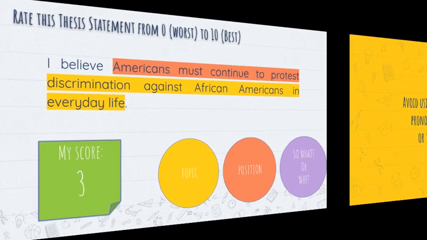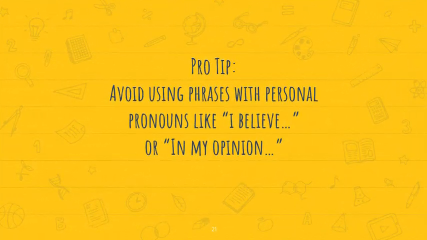And that also leads us to our next pro tip. Avoid using phrases with personal pronouns like I believe or in my opinion. Your thesis statement should be confident, and it should seem like it is an easily defendable statement. What do I mean by that? Well, if you say I believe or in my opinion, the reader interprets that to mean that this is a feeling you have.